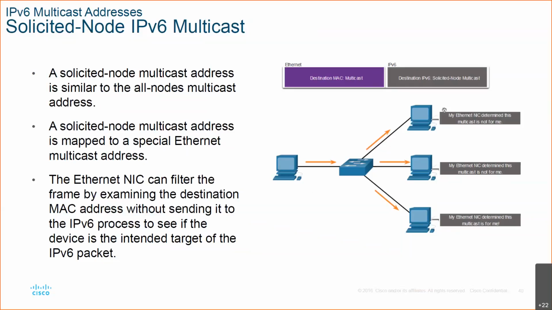And then the NIC can filter and check whether it is destined for it. For example, this will say, no, this is not for me. This is not for me. Yes, this is for me. So it can check by examining the MAC address and see which one it is destined for.